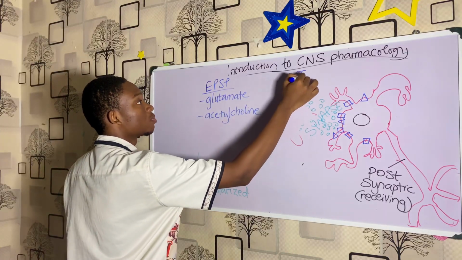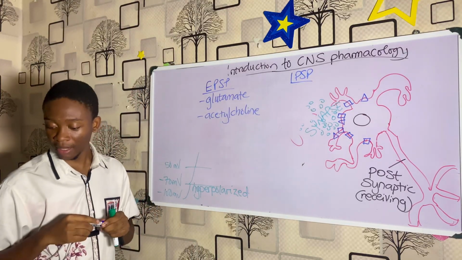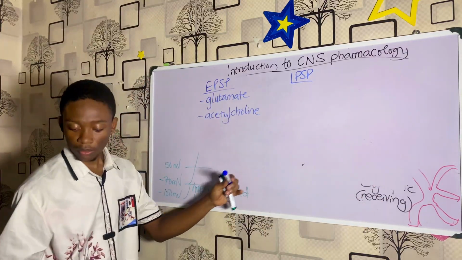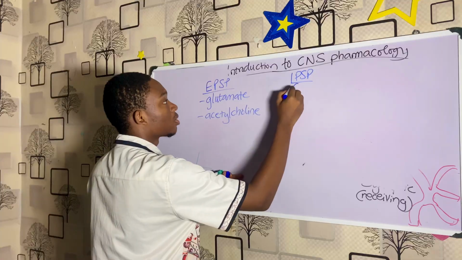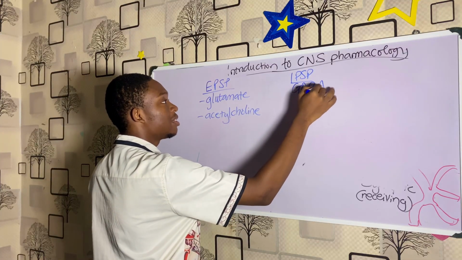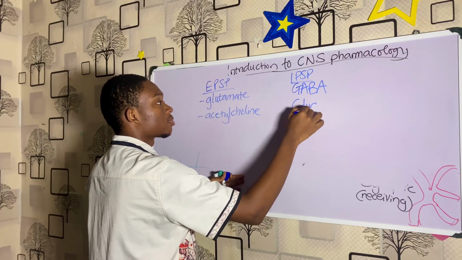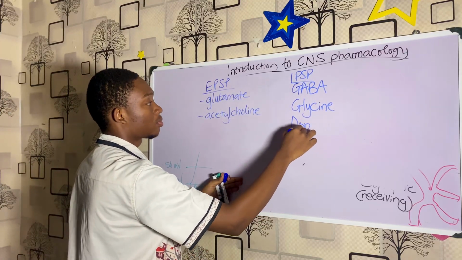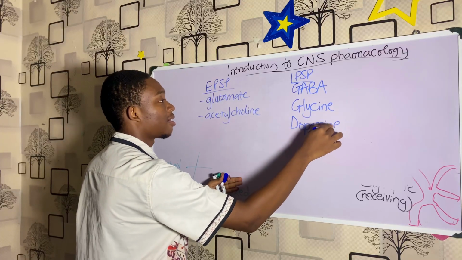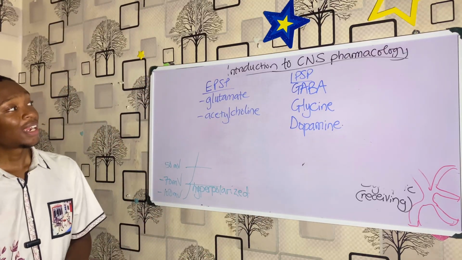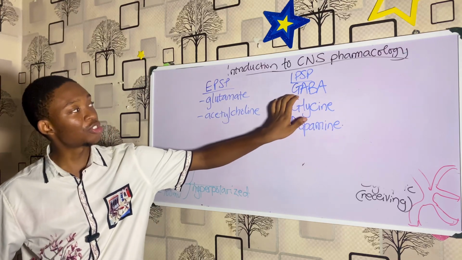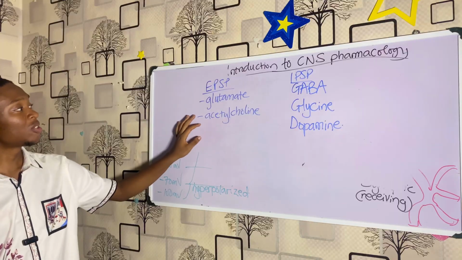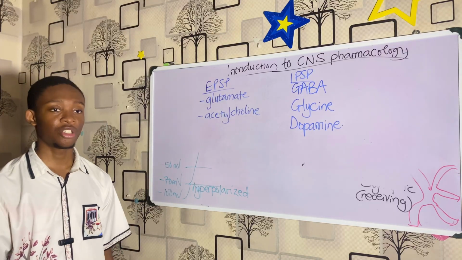One of them is GABA, or gamma aminobutyric acid. Another one is glycine, and in some cases dopamine. Now you see, one of the most important functions of GABA is that it opens up chlorine channels. Glutamate and acetylcholine are more excitatory in nature.